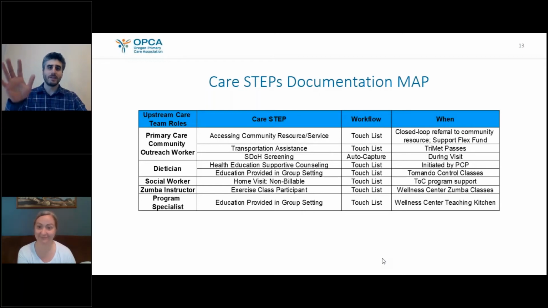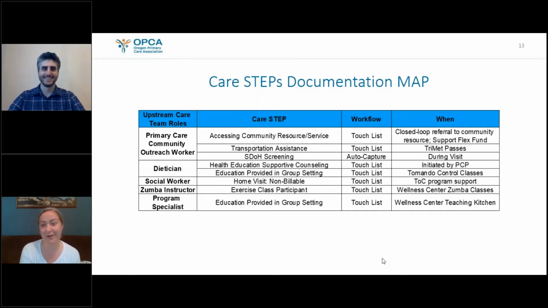Anytime a patient accesses those classes, they're doing a care step that's counted for APCM. I also think of program specialists who I just mentioned. So a program specialist could be teaching a teaching kitchen class, and they could be doing.